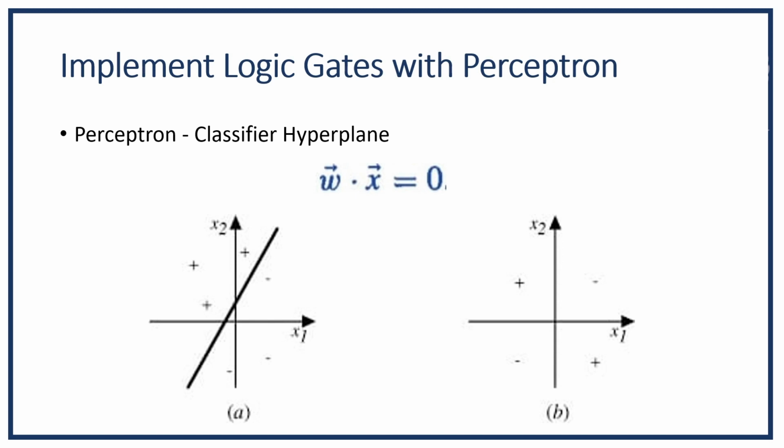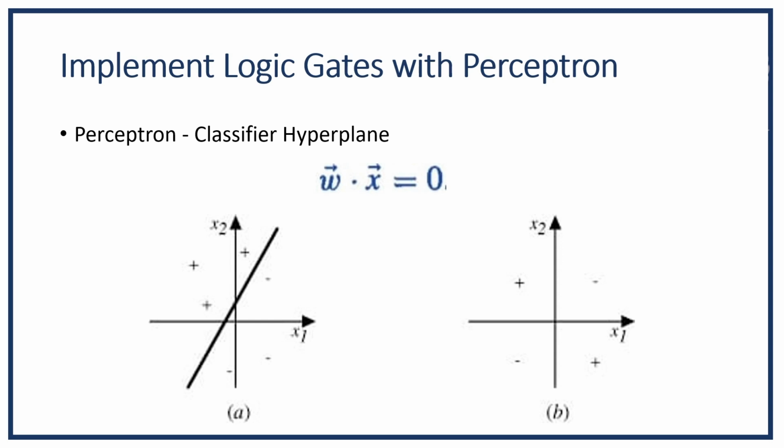In figure A, examples can be clearly separated into positive and negative values. Hence, they are linearly separable. This can include logic gates like AND, OR, NOR, and NAND. In figure B, it shows examples that are not linearly separable, as in the XOR gate.